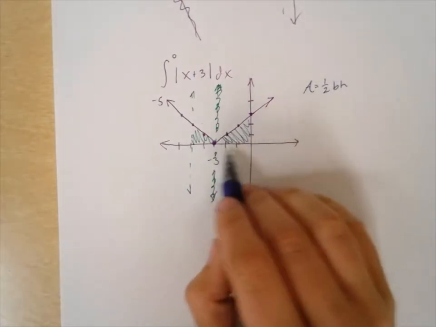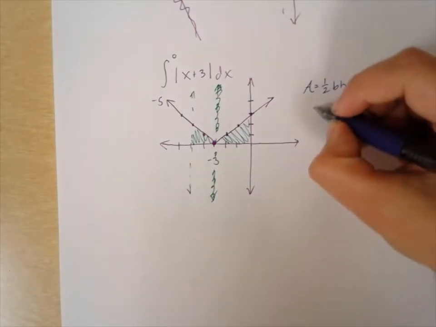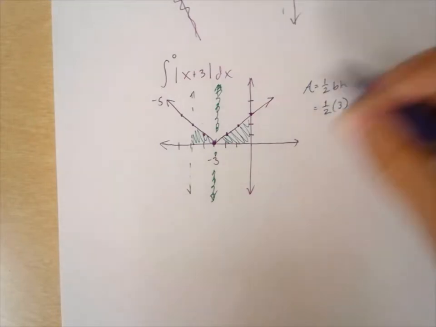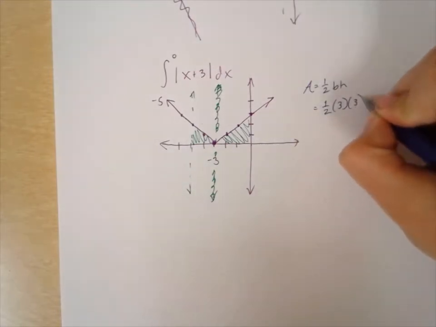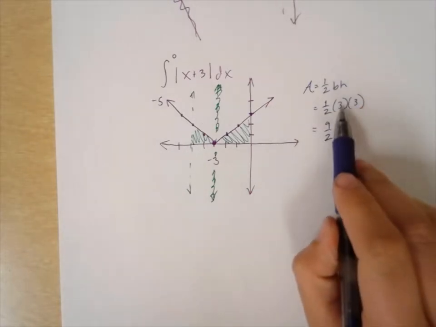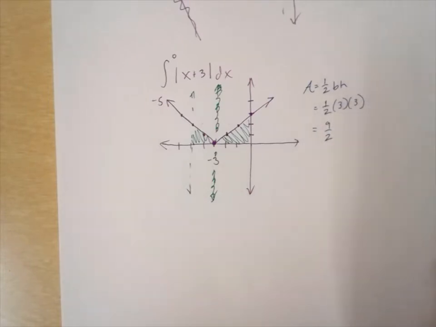So the base of this first one over here to the right is 3, and the height is also 3. So we can find the area to be 9/2, because 3 times 3 times 1 is 9, and we have that over 2.